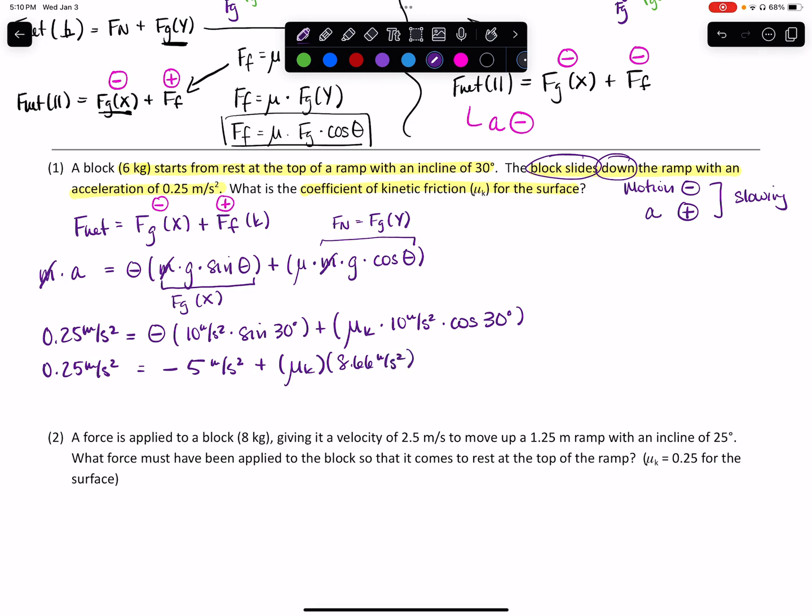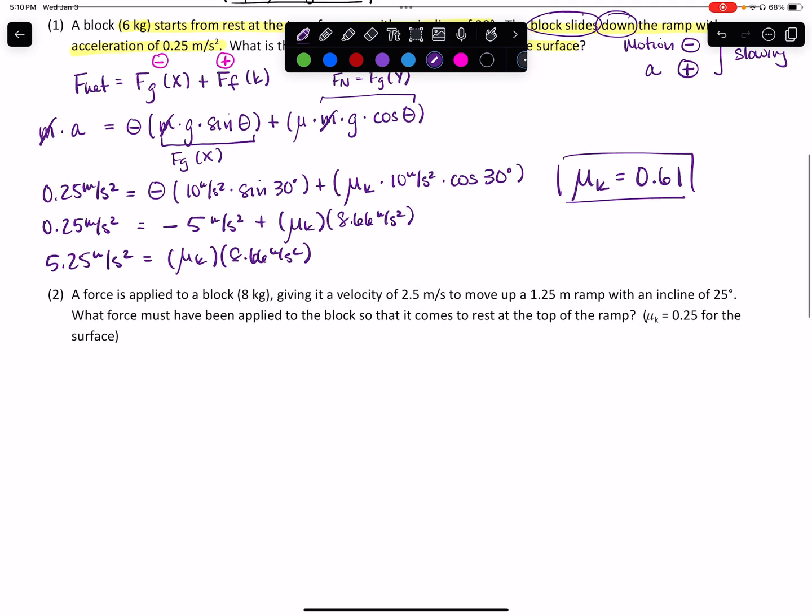I'm going to move my negative 5 to the other side, so I have 5.25 meters per second squared, equal to my unknown coefficient times 8.66 meters per second squared. Dividing both sides by 8.66, I find that the coefficient is equal to 0.61. Okay, so that's one type of problem.